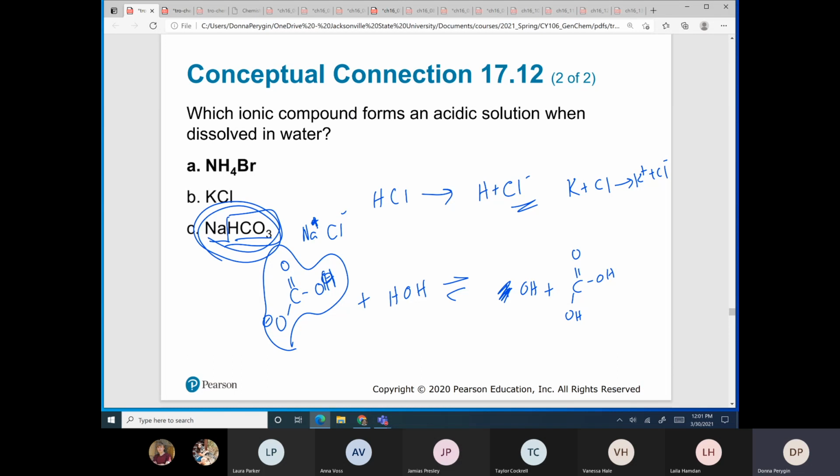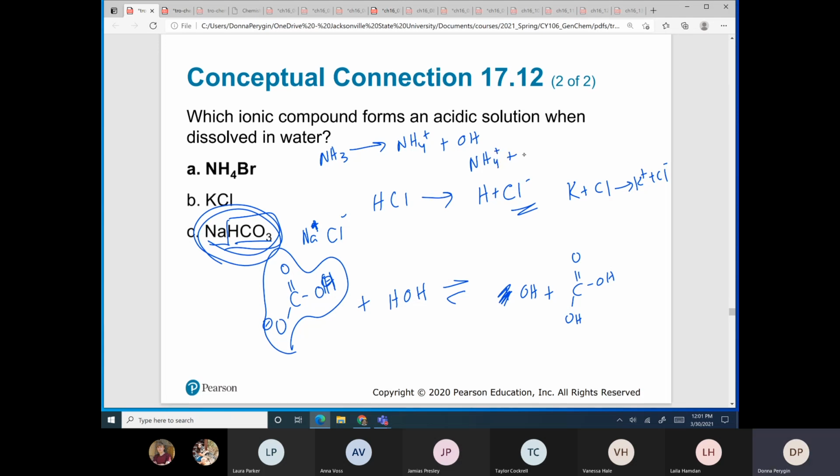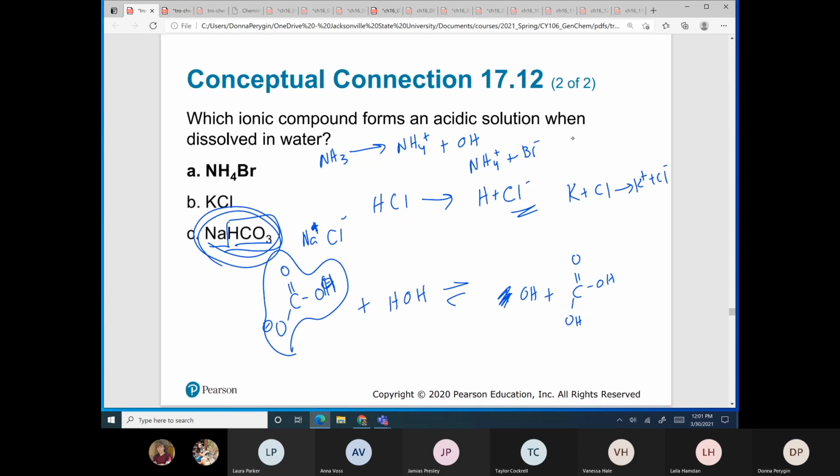Ammonium bromide: ammonia, NH3, dissociates to NH4+ and OH-. So ammonia is a weak base. If you put the ammonium ion, NH4+ Br-, in solution, we don't have anything to form hydroxide here.